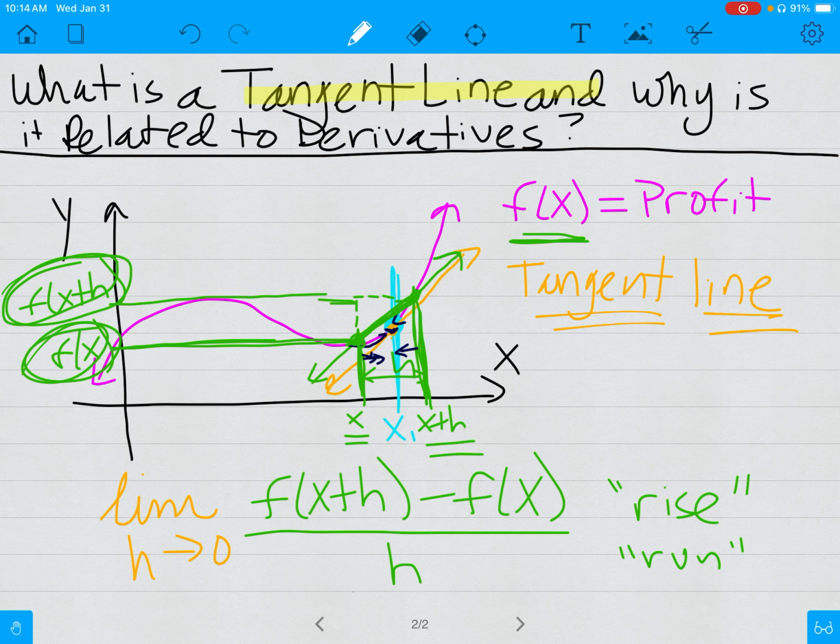We are letting that distance between those 2 points become nothing. And this is the formula for the tangent line, and therefore also the formula for the derivative. And so in the next video, we'll actually take a look at how to apply this to compute derivatives.